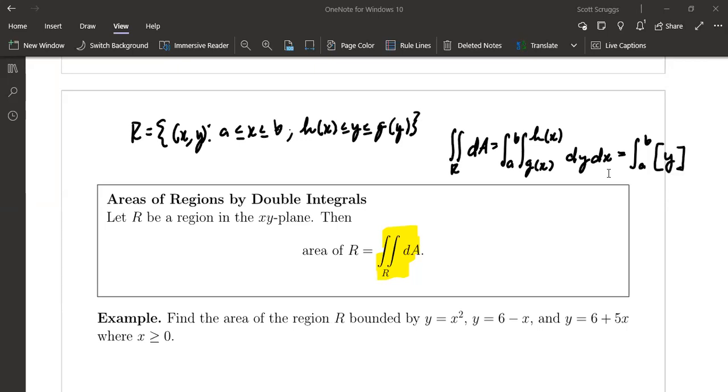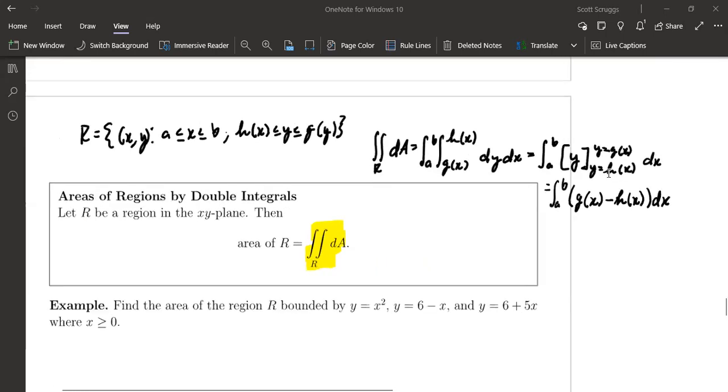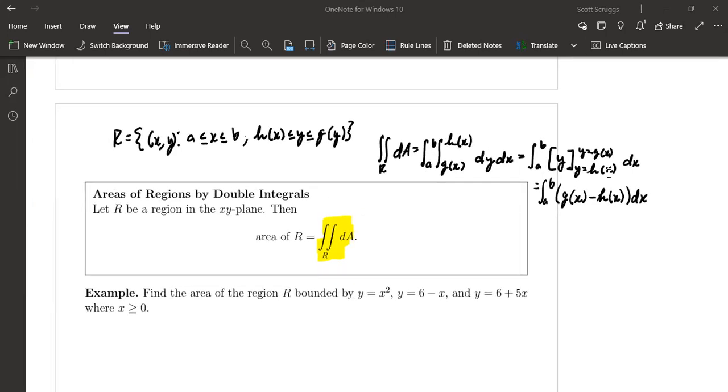Because my bounds of y are from the curve g of x to the curve h of x, my inside integral will become h of x minus g of x using the fundamental theorem of calculus. So I am left with evaluating the integral from a to b of the curves h of x minus g of x. And now that is something that we have seen before.